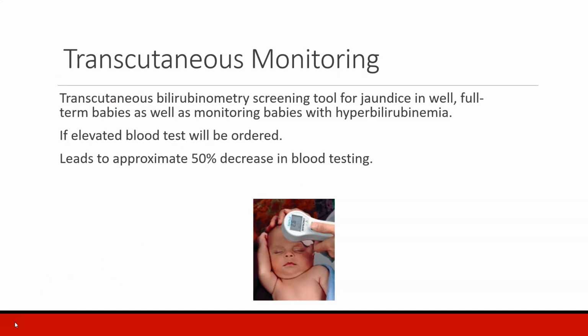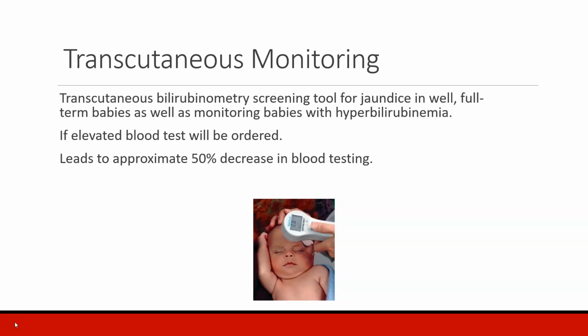Bilirubin monitoring in HDFN is crucial, and there are several technologies that have been developed that avoid blood tests. The first is transcutaneous bilirubinometry, a screening tool for jaundice in full-term babies, as well as monitoring babies with hyperbilirubinemia. If it's elevated, a blood test will be ordered. So it's kind of similar to a temperature gauge, except it's not.